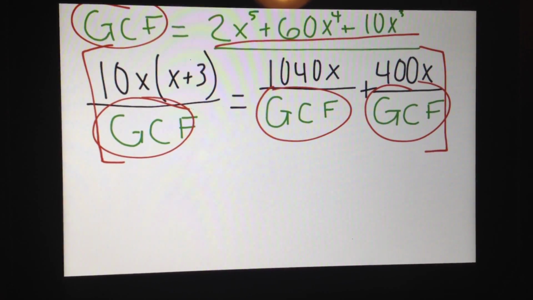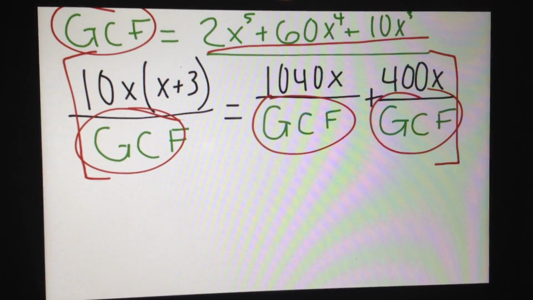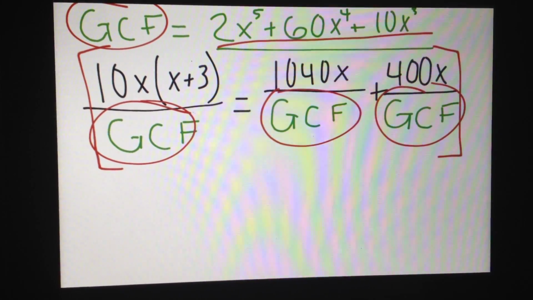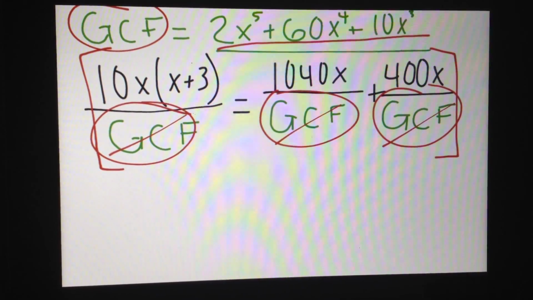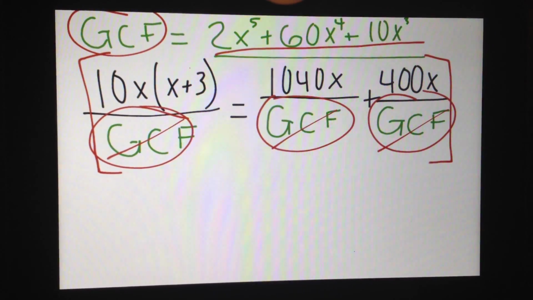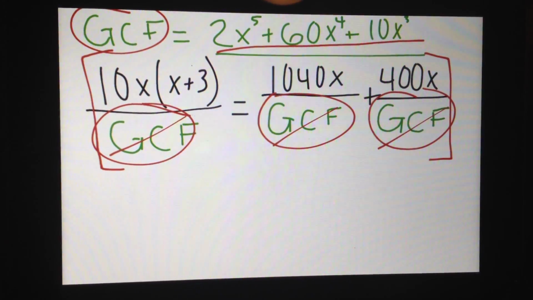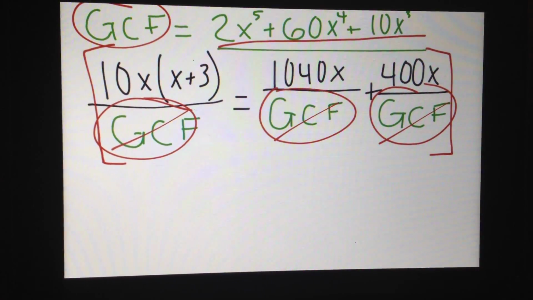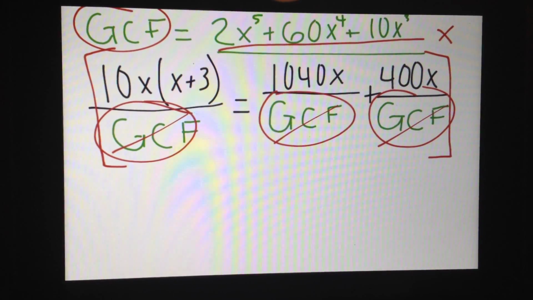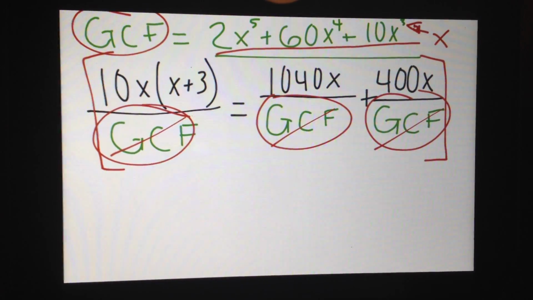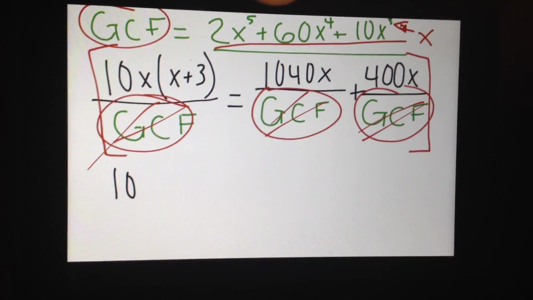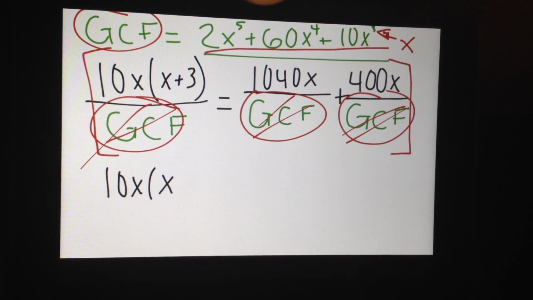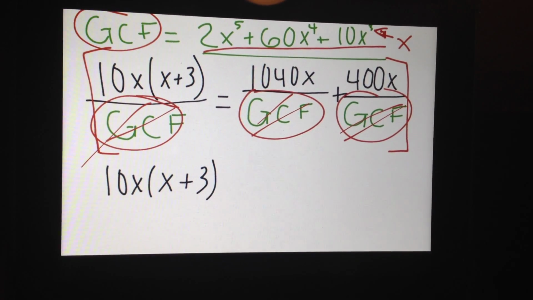So if this is all dividing by the GCF, and then I multiply all of them by the GCF, that ends up having a GCF times and divide at the same time, which makes it cancel all of these out. So if I take out all the GCFs, what I'm going to have left is 10x times x plus 3 squared.